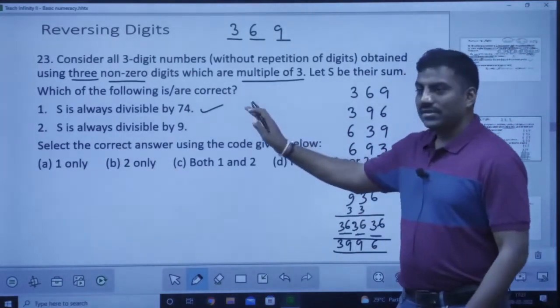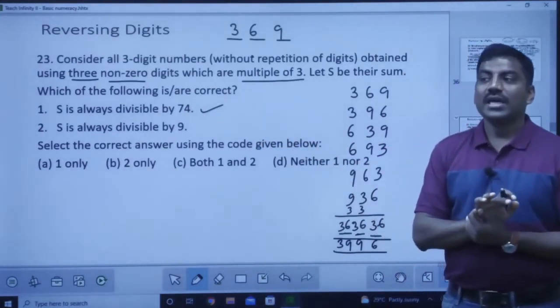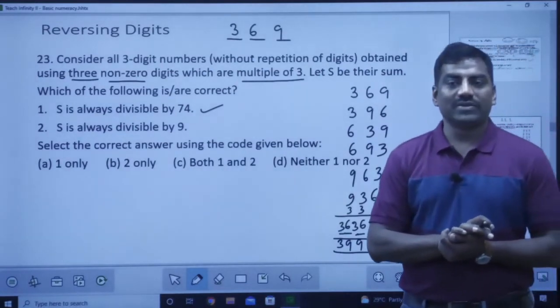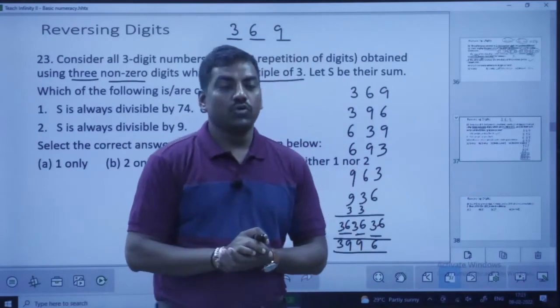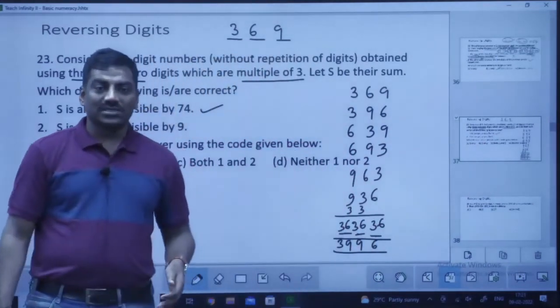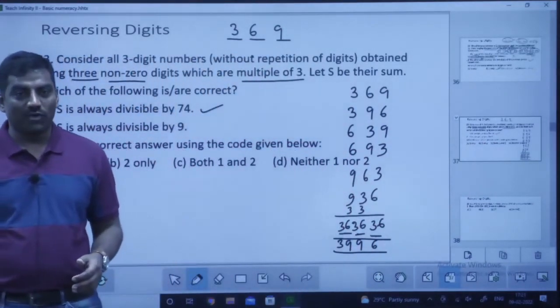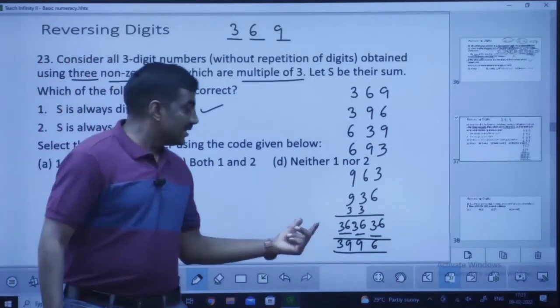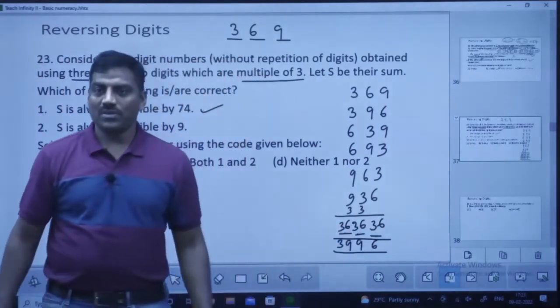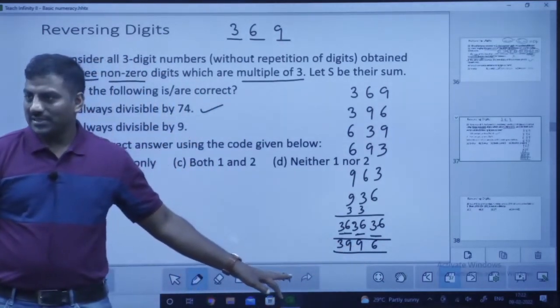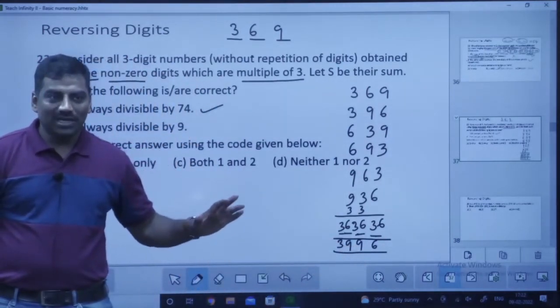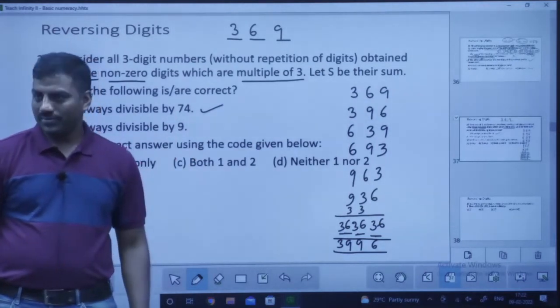I have not worked it out, I am just considering it. S is divisible by 74, yes or no? I had asked you to remember the fancy numbers like 111, 222, 333, 444. Isn't this number like that? Though after some steps we get it like this, it is actually a multiple of 111 only.